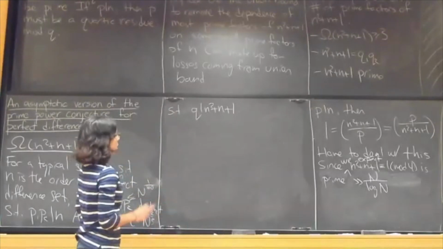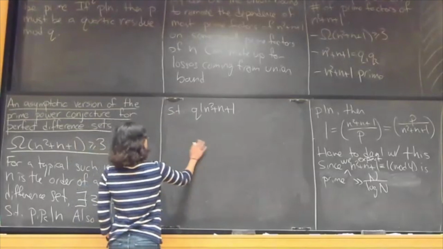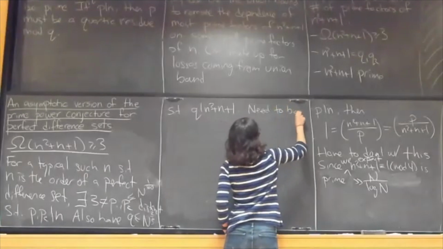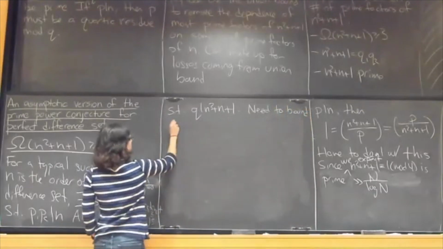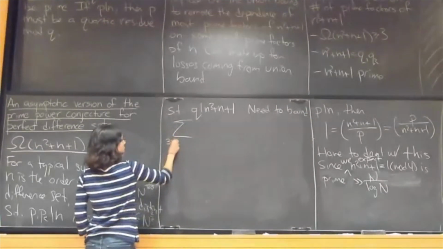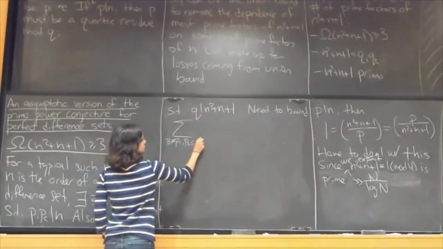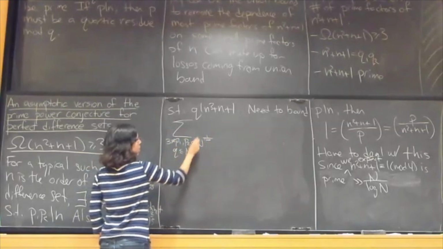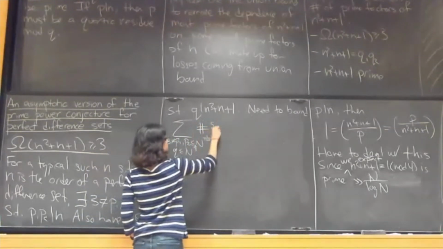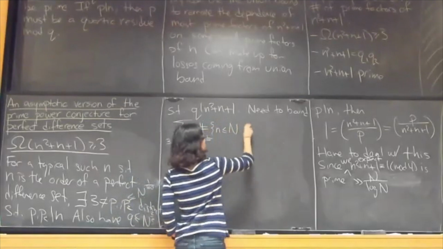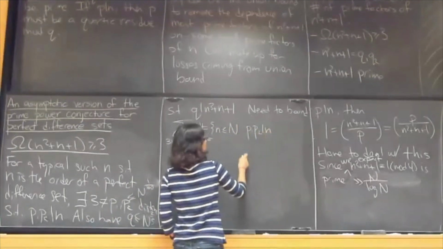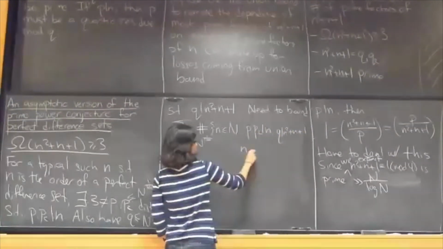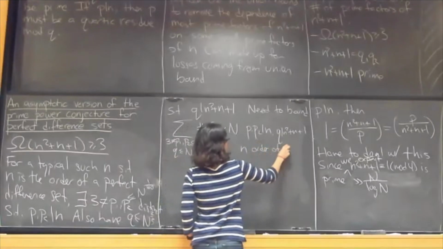So this is the union bound part of it. Then we just need to bound the number of n such that n is the order of a difference set.